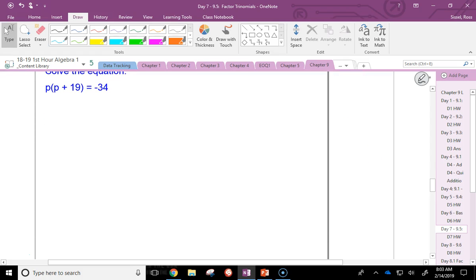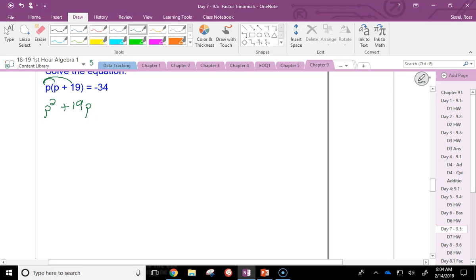Alright, so looking at this one now, I'm still going to ask you to solve on this, but what's the problem here? Yeah, look, we've already worked with this. This is like what we did earlier on. So now we're just combining it all. The first thing I have to do is solve for this. So I'm going to have to go ahead and say p times p is p squared, and then p times 19 is 19p.